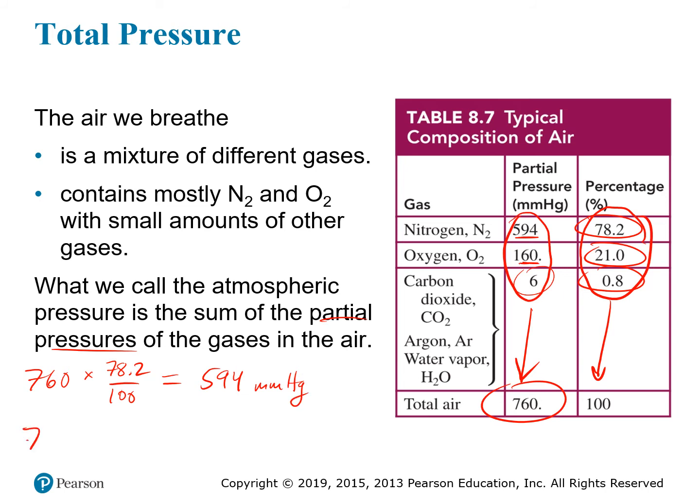Okay? If we do the same thing for oxygen, the percentage of oxygen is 21%, so 21 out of 100. This is going to give us 160 millimeters of mercury. Okay? So the mole fraction, or the mole percent, will be in the same proportion as the partial pressures.